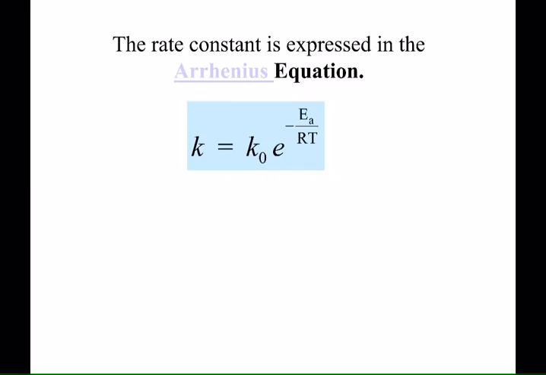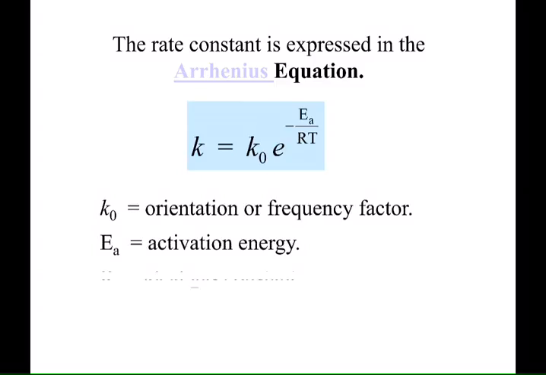I think I am. And this K is equal to K0, another K, times e raised to the negative EA divided by RT. I'll have to explain what that is, but EA is the activation energy.